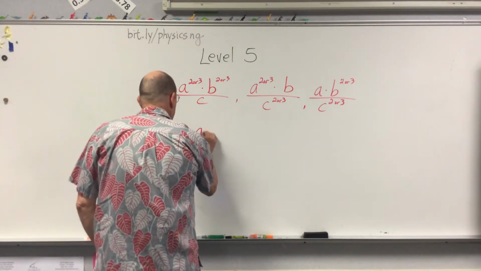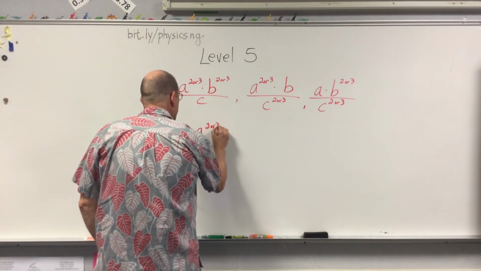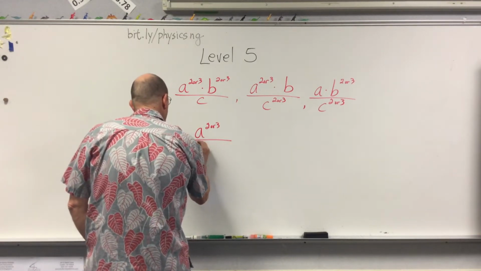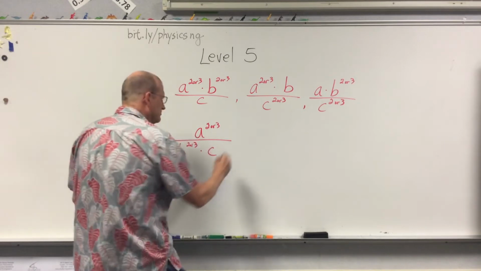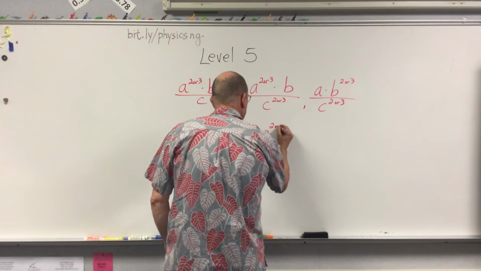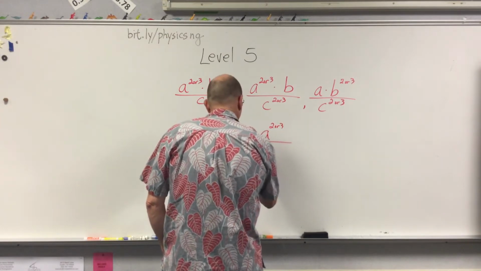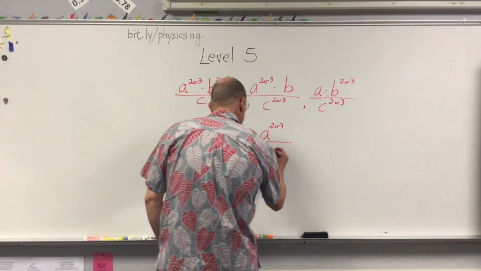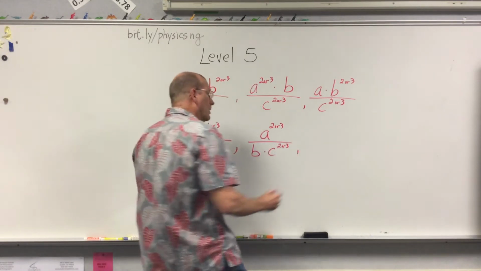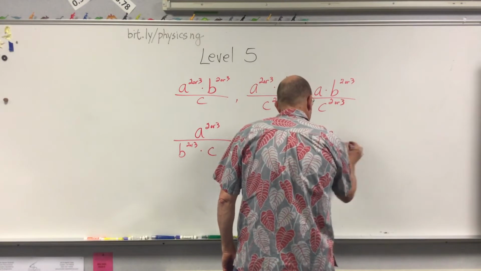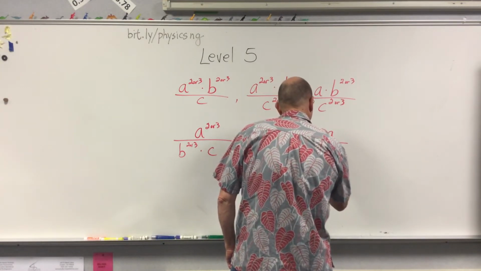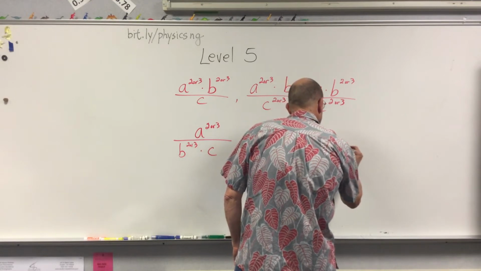So we would have A squared or cubed over B squared or cubed times C, or A squared or cubed over B to the first power times C squared or cubed, or A is the first power, and then we have B squared or cubed times C squared or cubed.